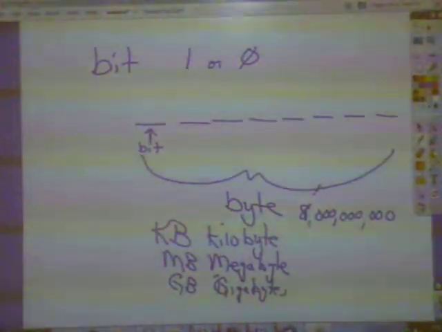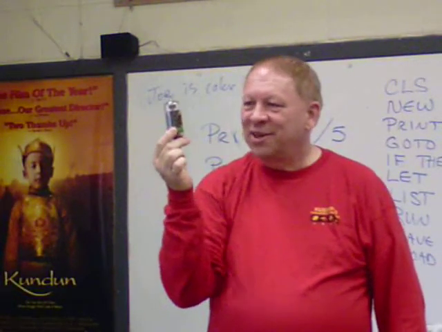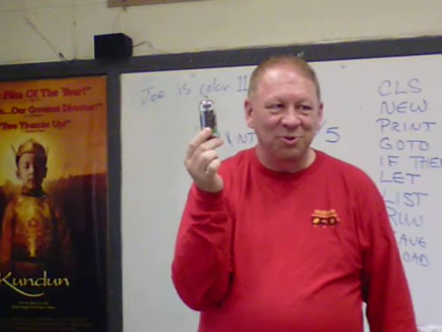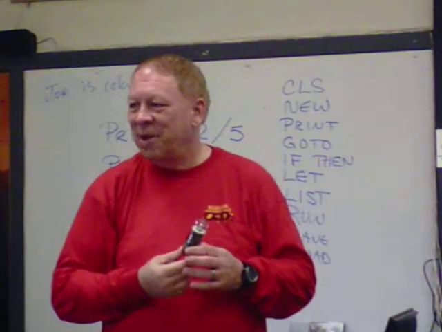And with the old computers, you would have had to have had 8 billion of these. Can you imagine 8 billion vacuum tubes? That's why those were so huge. But they weren't that huge, because it was just physically impossible.